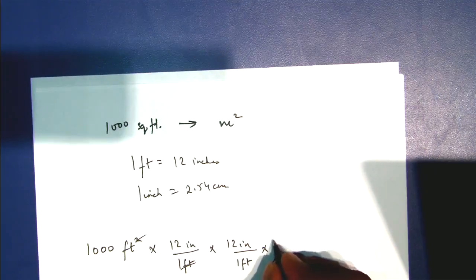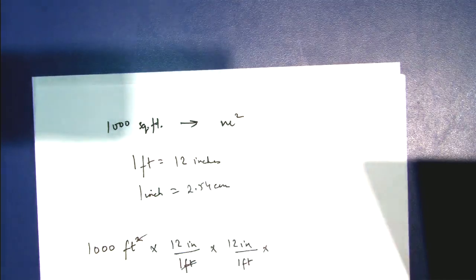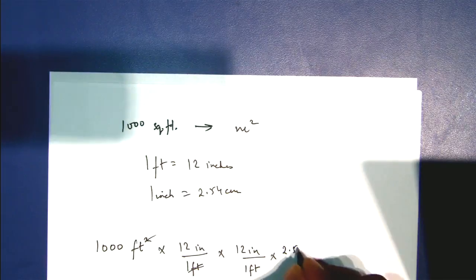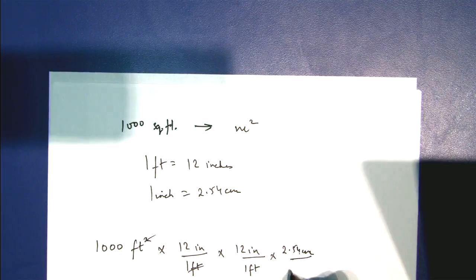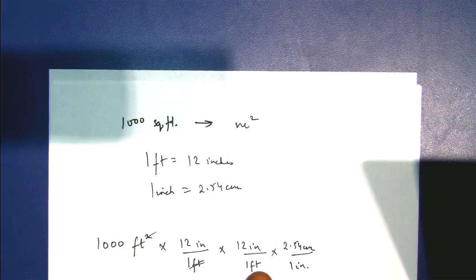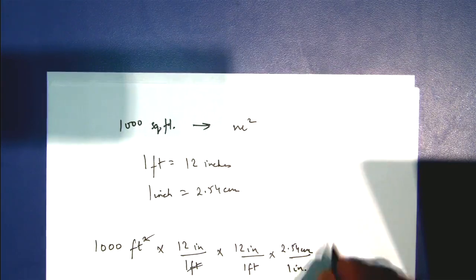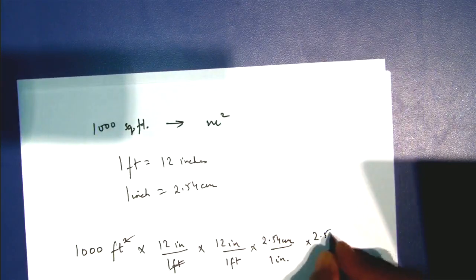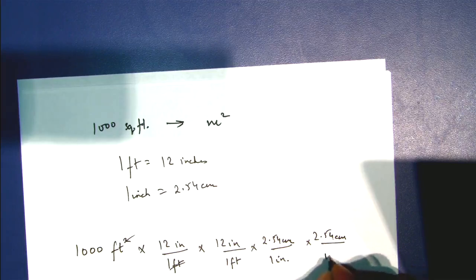After that, you go with inches to centimeters. So I have 2.54 centimeters is 1 inch, but I have an inch times an inch in the numerator, so I need to have an inch times an inch in the denominator. This makes sense?